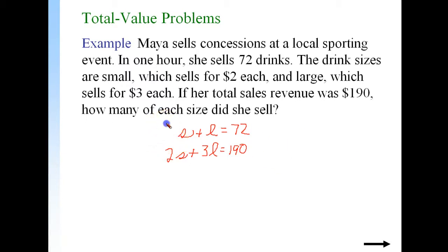If we multiply each term in this equation by, let's say, a -2, here we will have a -2s, negative 2l, equals a negative 144.